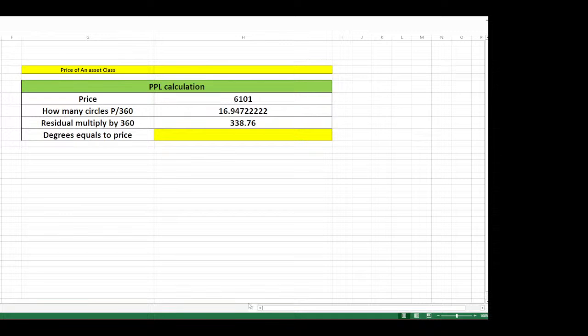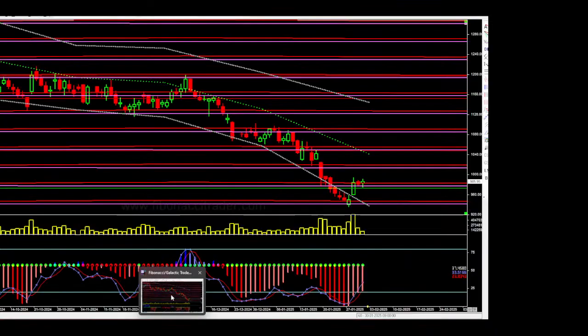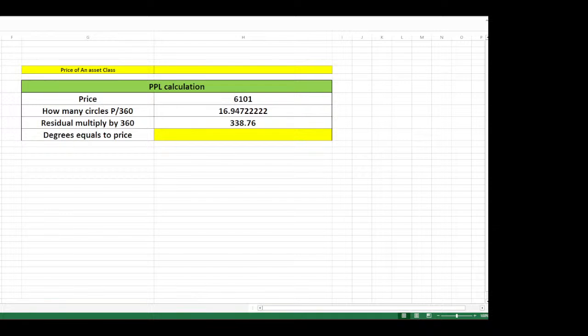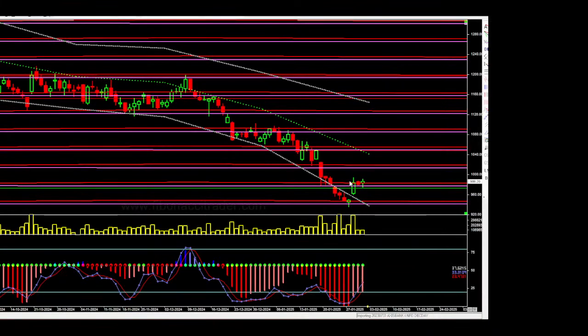I have to wait for the chart to pop in, then only I can. I can't see it. Okay, let's see, I think my charts must be loaded now. Almost loaded. Yeah, it's loaded. So let's go.